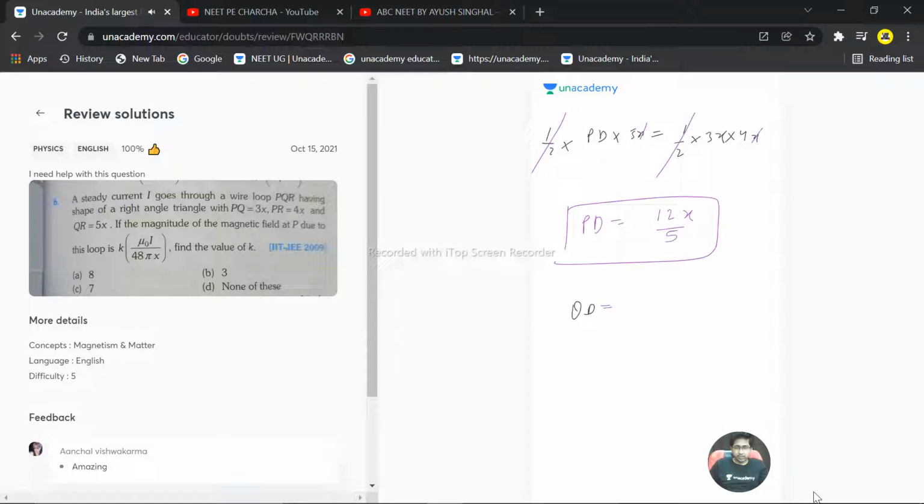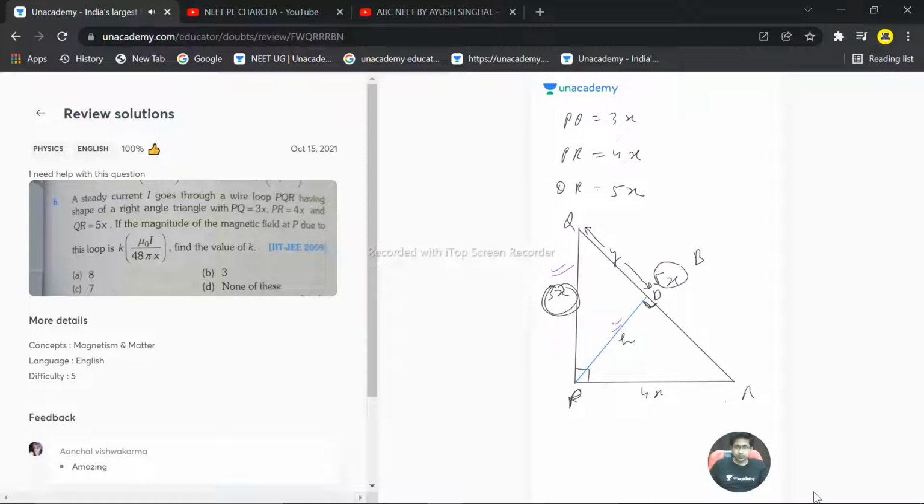Directly, without writing one more step, QD square is equal to 3x whole square minus PD square, and we have already calculated PD as 12x by 5.